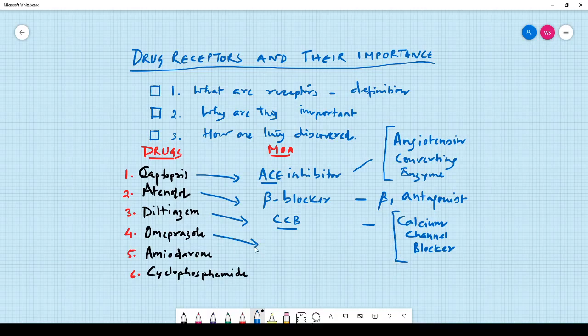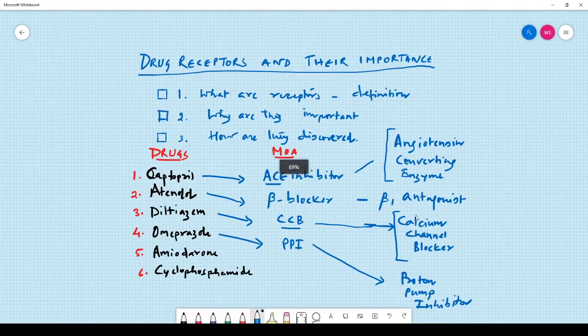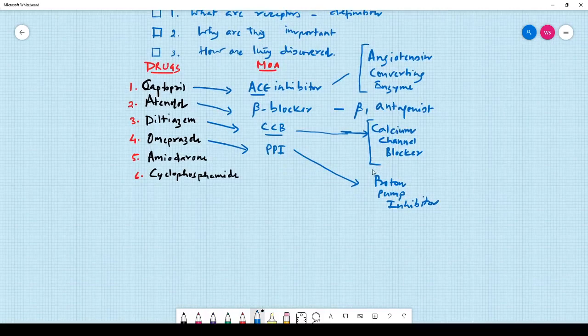It is omeprazole. It's a proton pump inhibitor. It is amiodarone. It is an anti-arrhythmic drug.